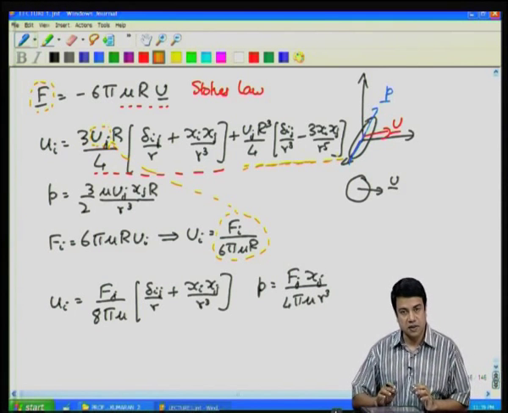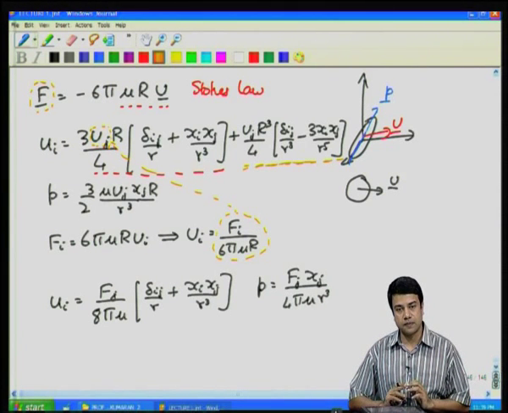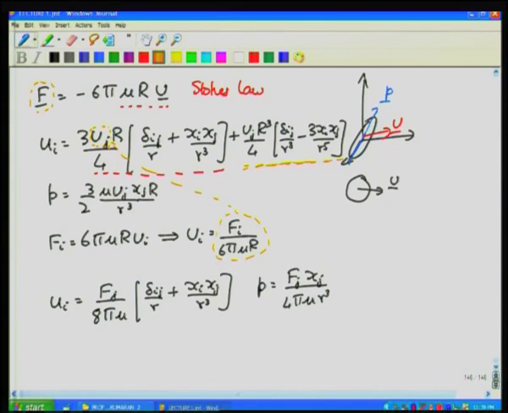But since I retained only the slowest decaying term, that dependence did not come in. Therefore, the velocity disturbance due to a moving object, when you are sufficiently far away, depends only upon the force exerted by that object, not on the radius of the object or the exact shape of the object.